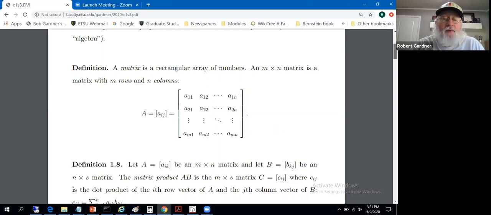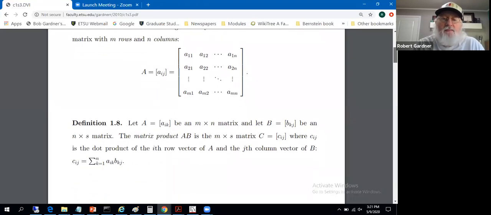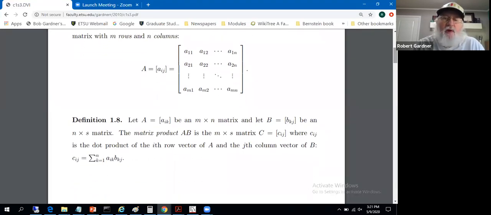Okay, Fraleigh and Beauregard decided to define a matrix product first. Actually, matrix sums are pretty easy to deal with. Matrix products are defined in a kind of awkward way for reasons to be elaborated on probably in the next several chapters of material. This is a very fundamental thing that we'll do, this idea of a matrix product.